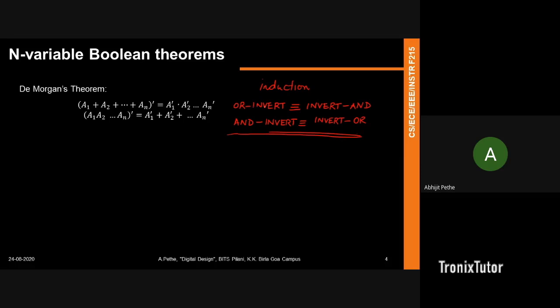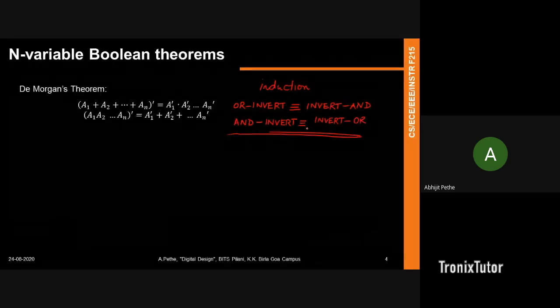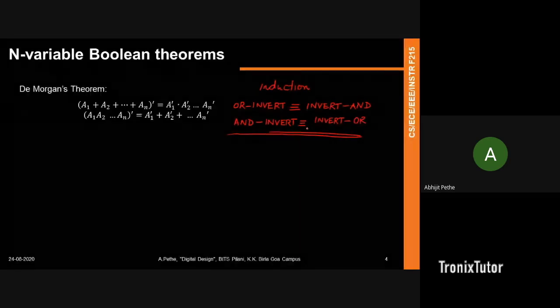So always remember that OR invert is invert AND and AND invert is invert OR. It'll come up in handy much later when we start converting to different gates. When we move from an AND-OR implementation to an AND-OR-NOR implementation, these things help you a lot.